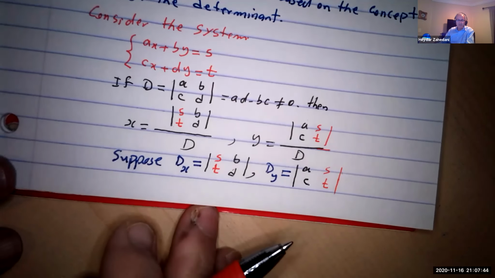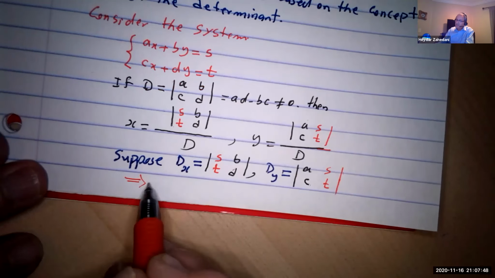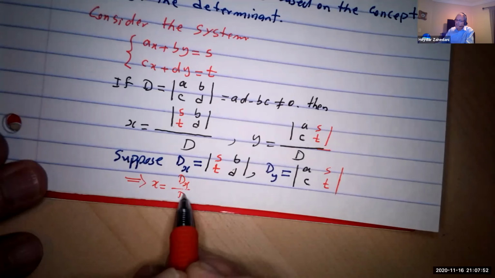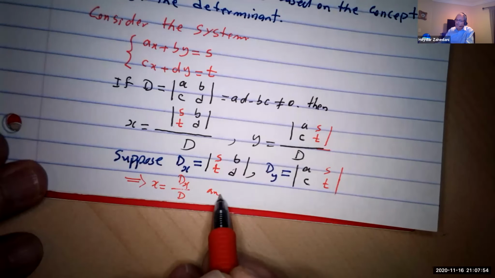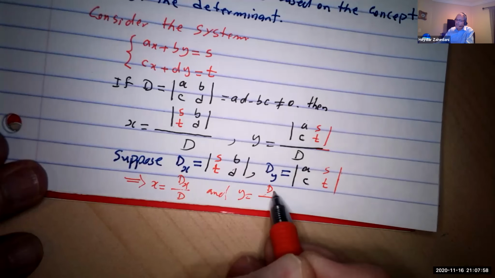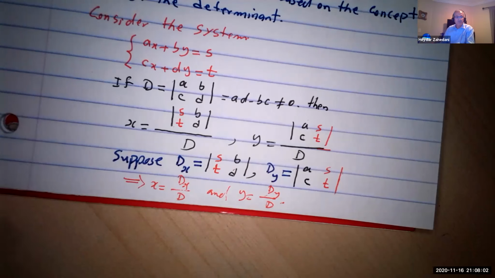So if this is the case, your x is going to be Dx over D, and your y would be Dy over D. Easy to calculate and easy to remember.